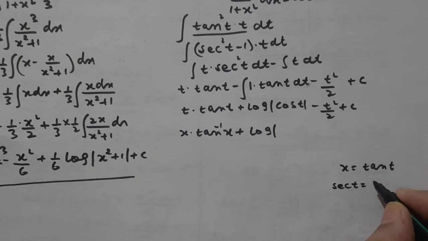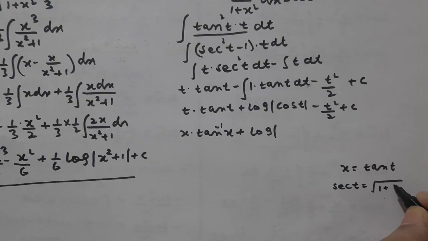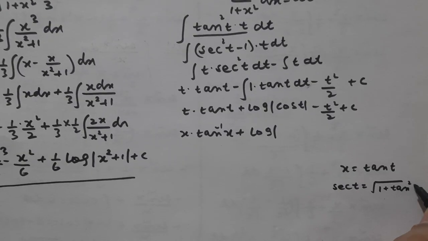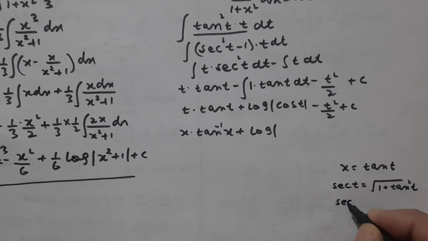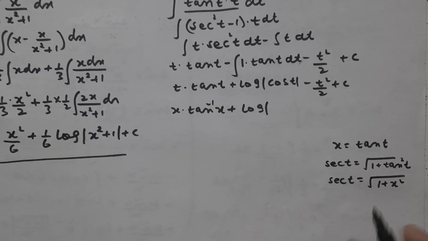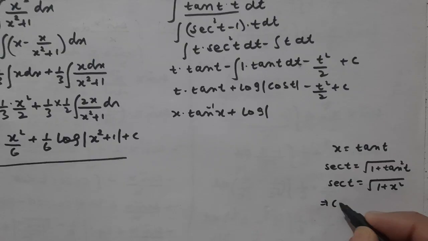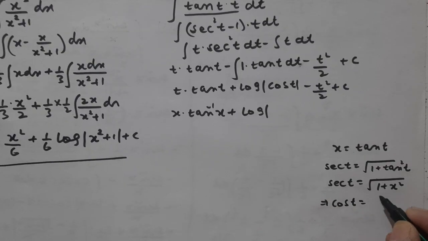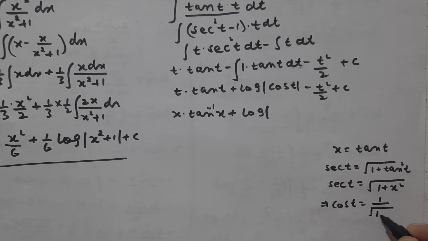Secant t equals under root 1 plus tangent square t, like this. So secant t equals under root 1 plus x square. So if we have secant, then it implies cos t is equal to 1 upon under root 1 plus x square.